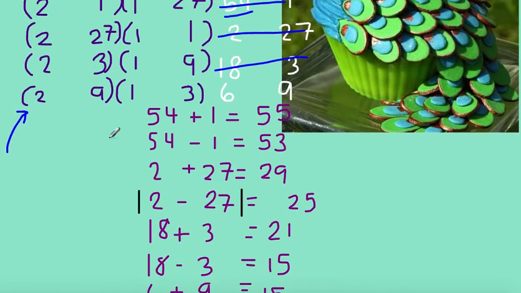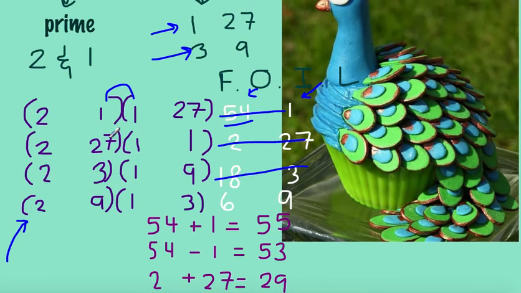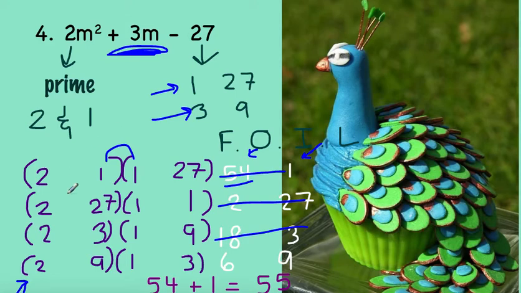So now we figured out our numbers and where they're supposed to be. Now we just have to figure out our signs. So right away we know that the m will go with the 2, and it will also go with this 1. And since this is a negative 27, we know that 1 will be positive and 1 will be negative. And since the bigger number, 3 right here, we want there to be leftover positive.